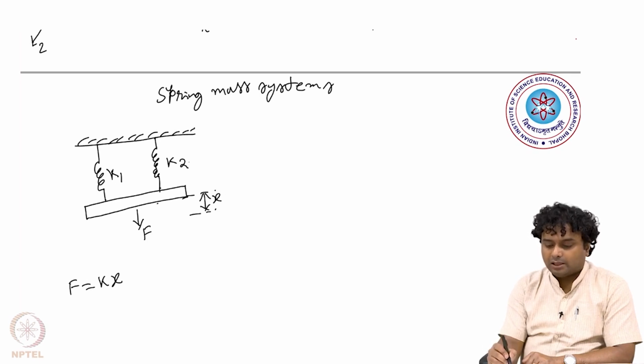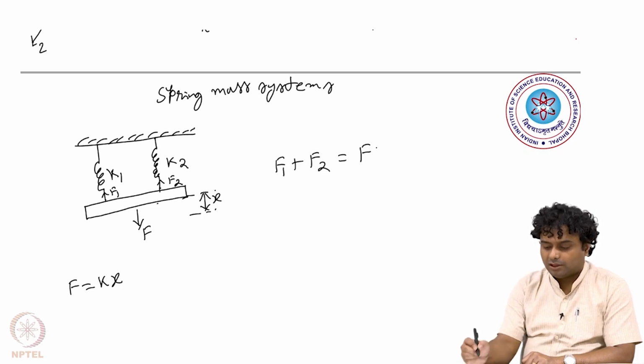So, K1 and K2 springs both will deflect by x, right, but the force will be different in these two cases, right. So, let us assume that the reaction force here is F1 and the reaction force here is F2. So, we can write that F1 plus F2 equals F, right.